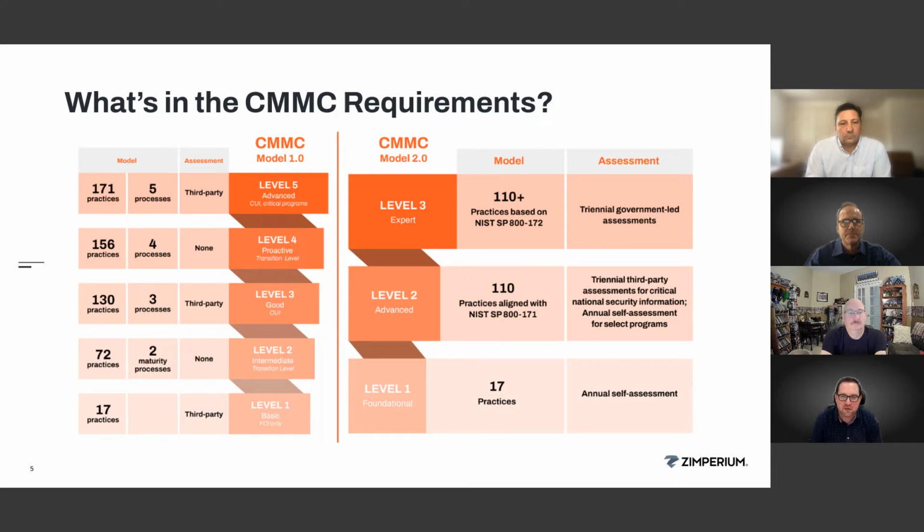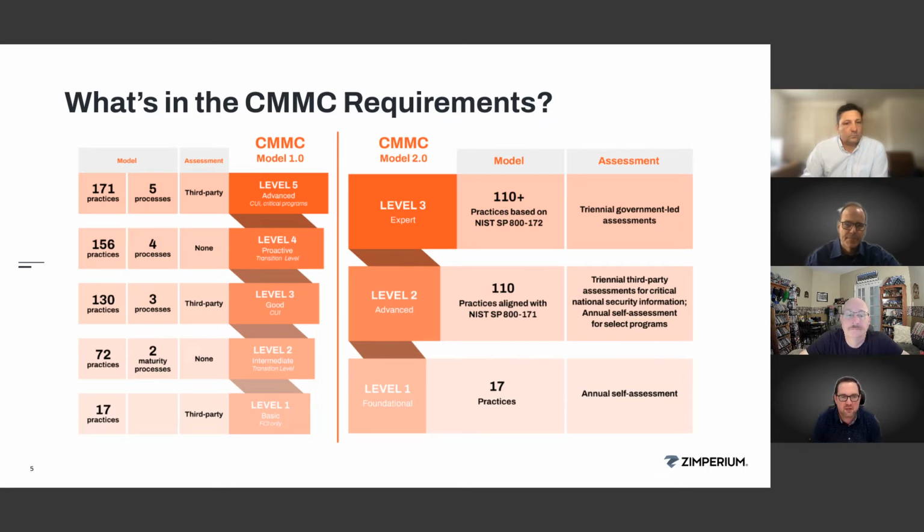No changes to the 17 basic cyber hygiene practices were required. Level 1 is based on those 17 controls found in FAR 52.204-21, basic safeguarding of covered contractor information systems. These controls look to protect covered contractor information systems and limit access to authorized users.